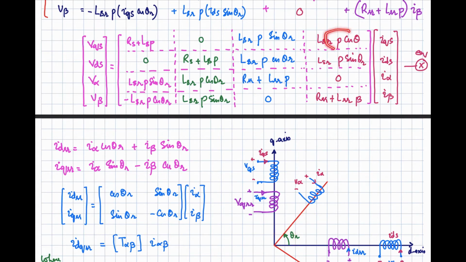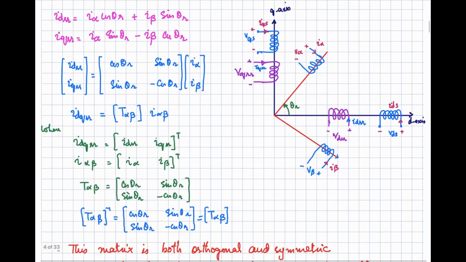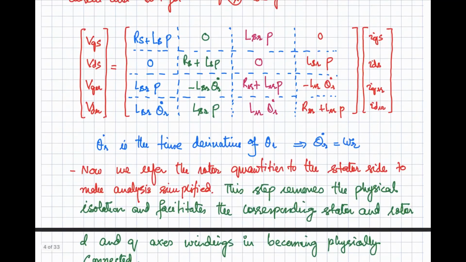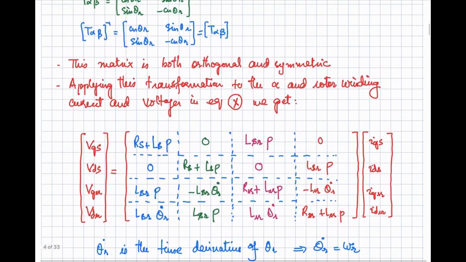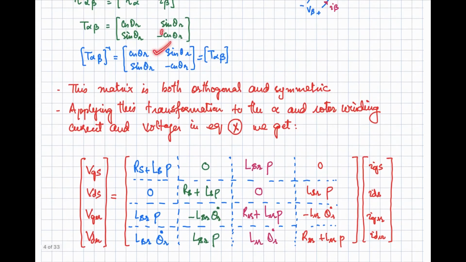So this term is going to become 0 and this term is going to become 0 as well, because VDS when linked with IQRR, because its translated version is IQRR, this term is going to become 0, right? So that's why you can see the 0 and the 0 over here, and these terms are modified incorporating the effect of this transformation that we have seen over here.